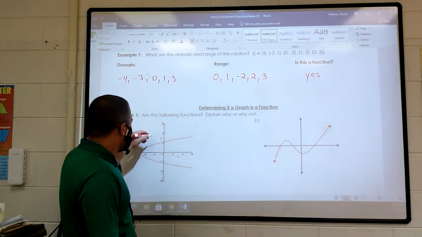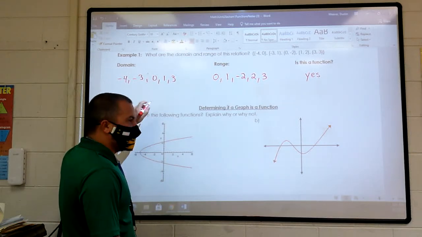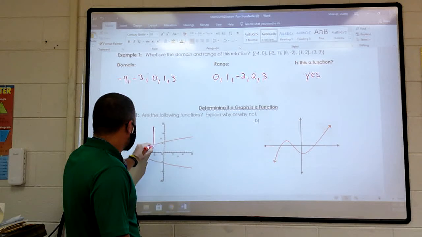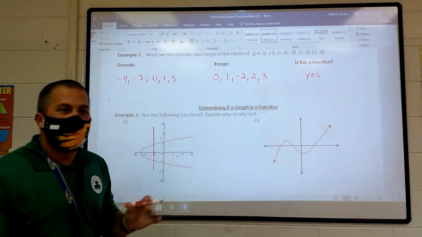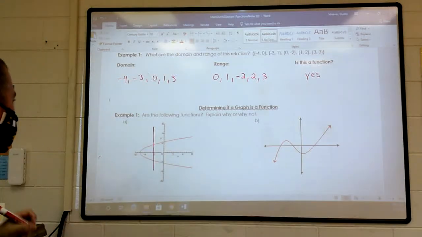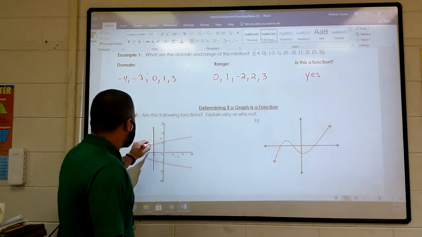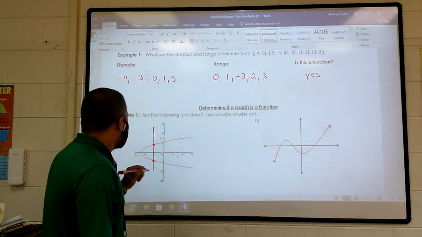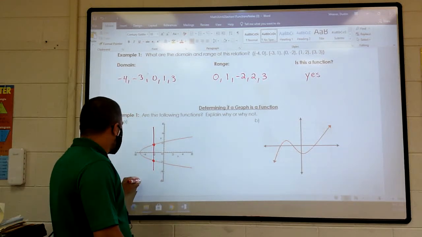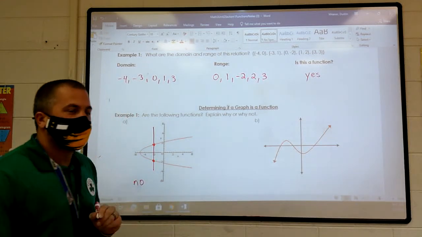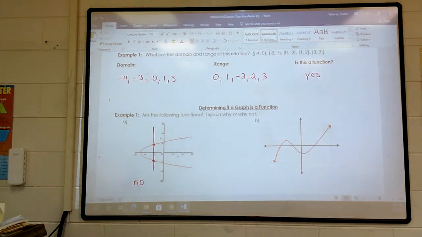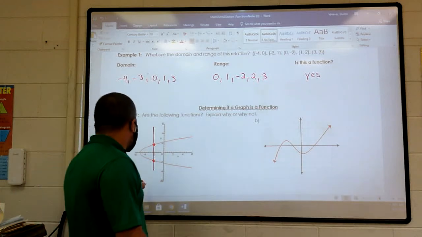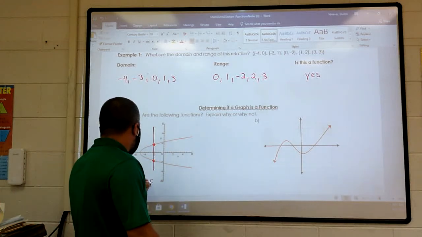So if I make a vertical line straight up and down through it at any point, if it crosses more than once, so like this one, it would cross here, and it would also cross here, then we would say no, this is not a function because it fails the vertical line test. So if you want to explain why or why not, again, it fails the vertical line test.